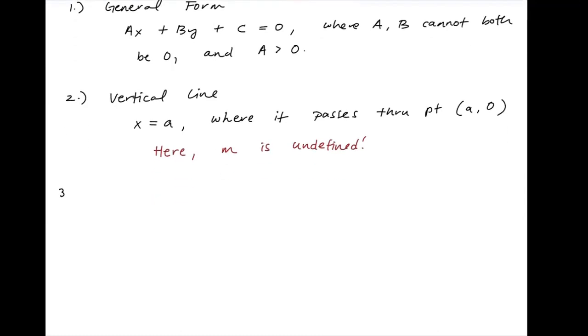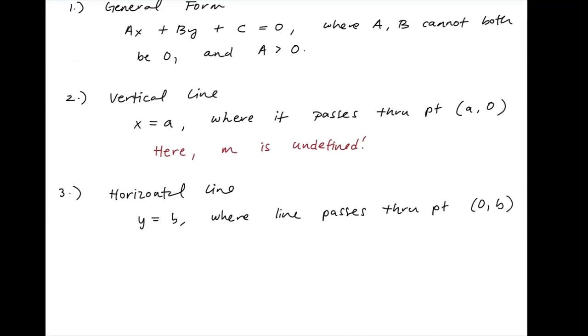Third one is a horizontal line. So since we use a already, we're going to use b this time. So this is the form y is equal to b, where the line passes through the point 0, comma b. And so you guys have in your notes here, m equals 0.